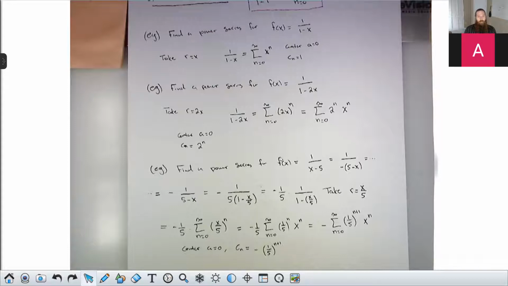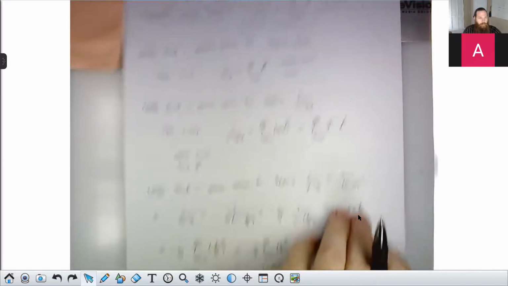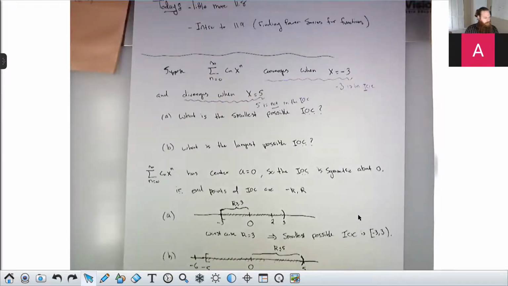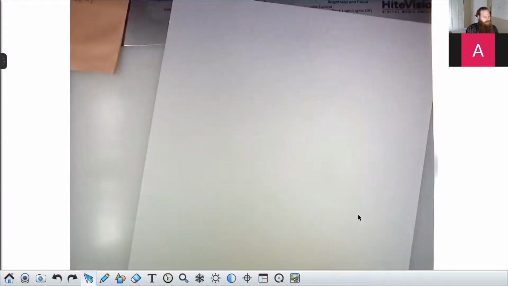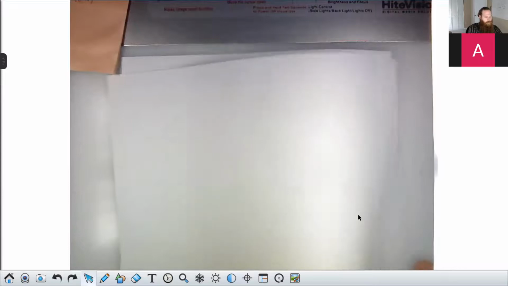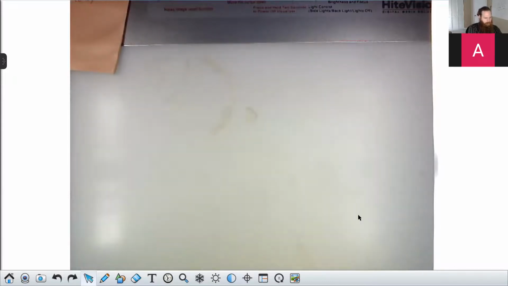So if you're willing to be patient and run some partial fractions, you can take any rational function, as long as the bottom factors into distinct linear factors, and write it as a power series. Now you know that not every rational function has a denominator that factors into distinct linear factors.